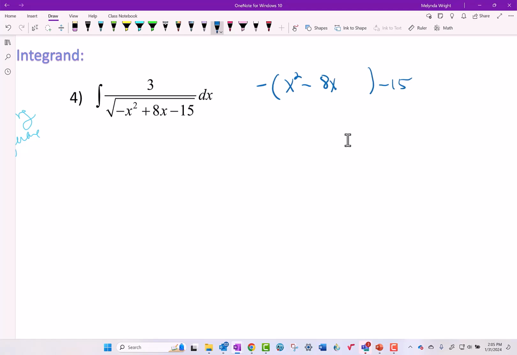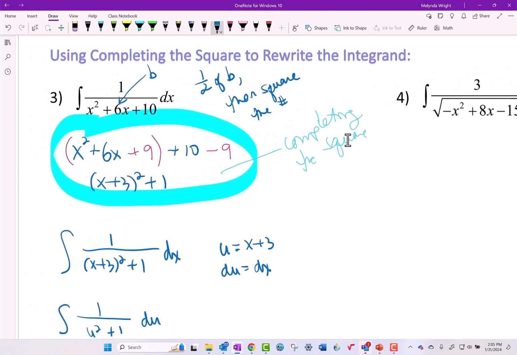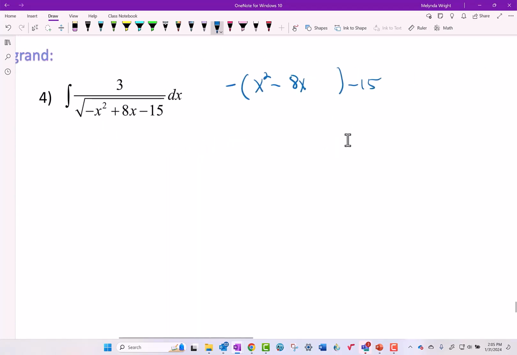It's just pulled away. No matter what the number is, like over here, we pulled away the 10, right? We just got it out of the way. We're just going to deal with it later. That's what we do always. We always do that with the constant when we're completing the square. Always just get it out of the way. Okay, any other questions?